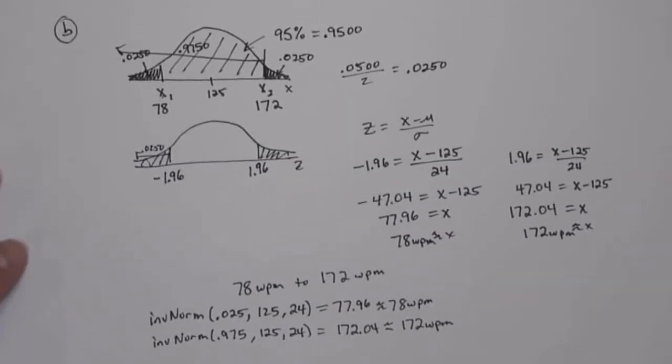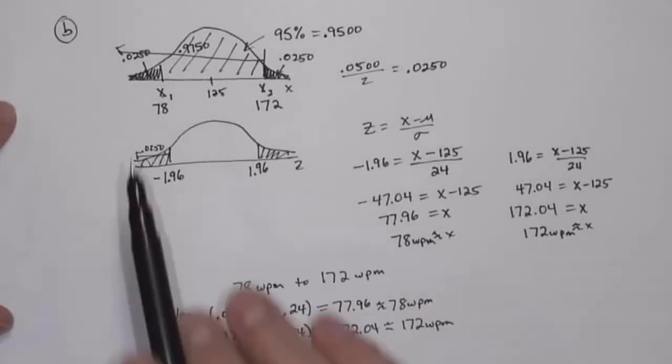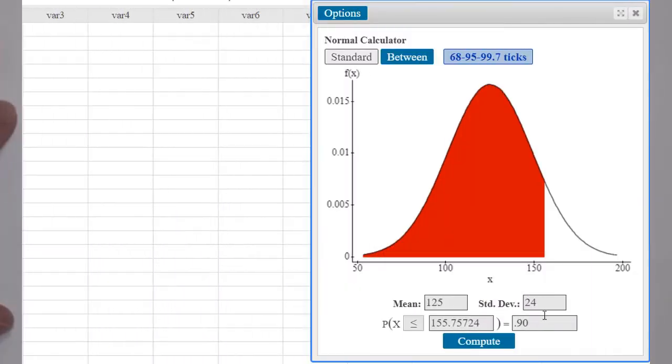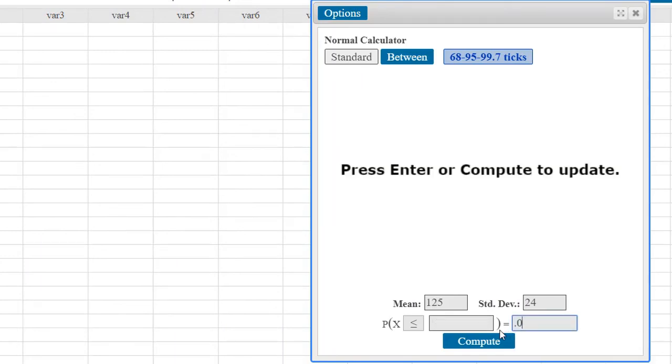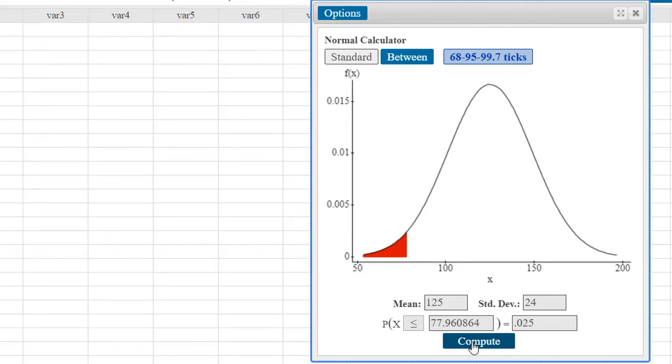For the second part, doing the 95%, we can do it the same way that we did on the calculator. We figured out that the area in the left tail is 0.025, so I could type 0.025, and that would give me the 77.96 or 78 words per minute.